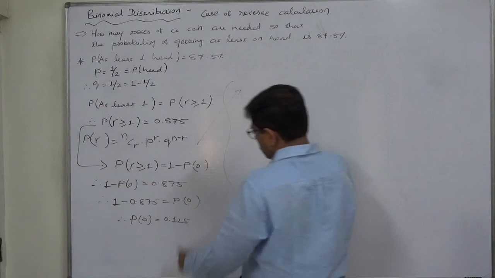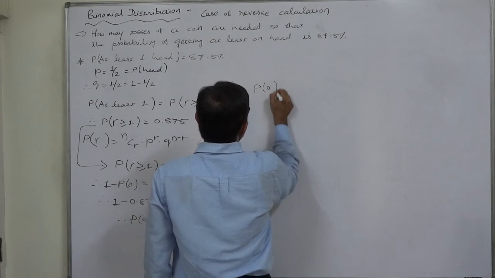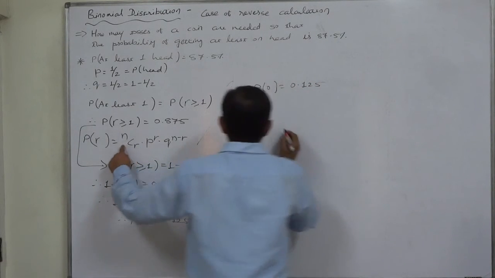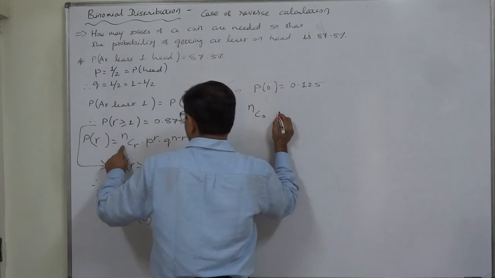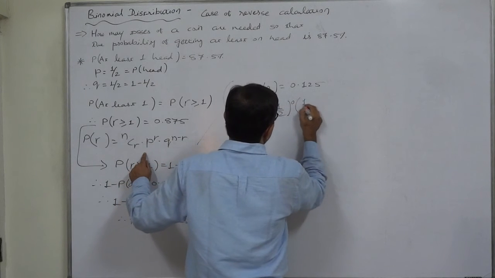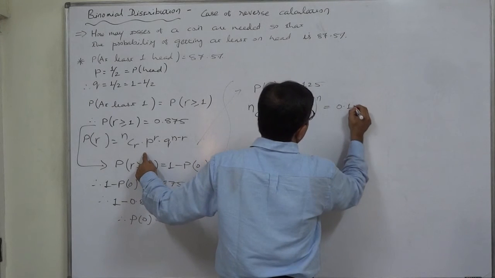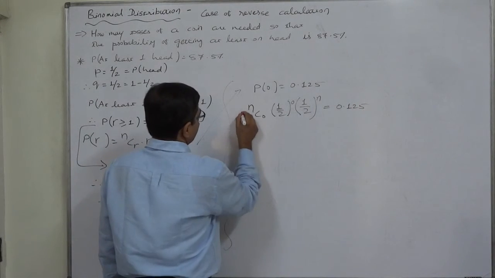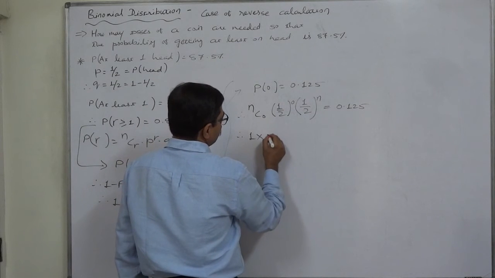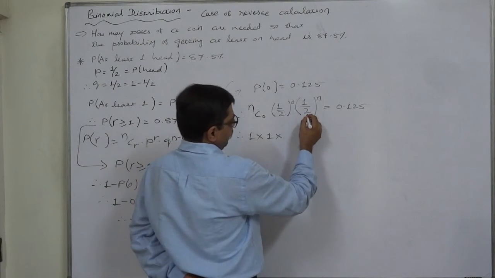Now let us substitute all these things. P of none equals 0.125. What do we mean by P of none? nC0 into half raised to 0 into half raised to n minus 0, that is n, equals 0.125. nC0 is 1, into half raised to 0 is 1, into half means 0.5.